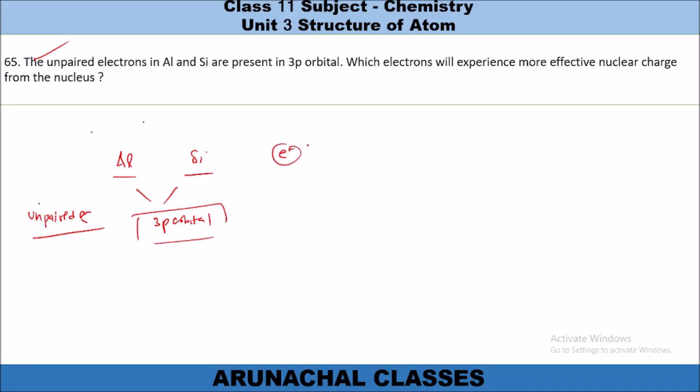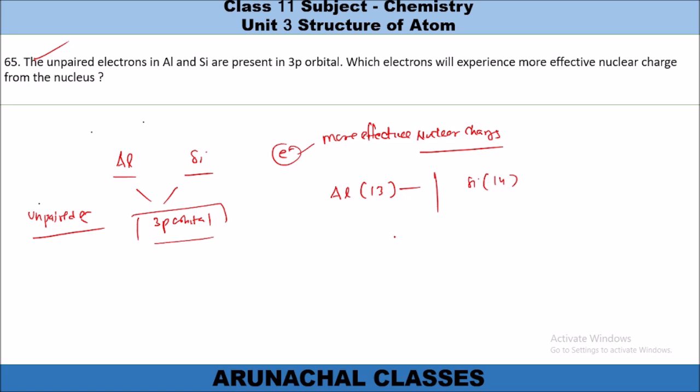Aluminium's atomic number is 13 and silicon's atomic number is 14.